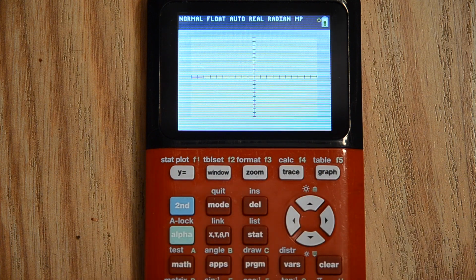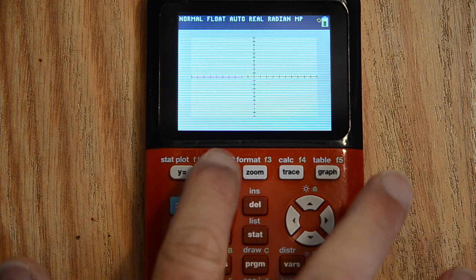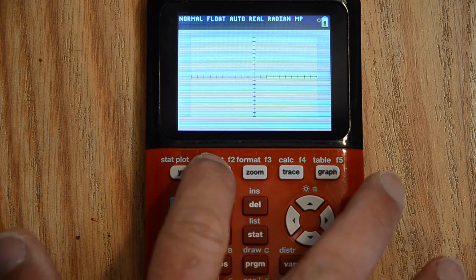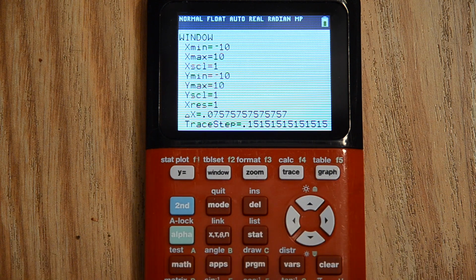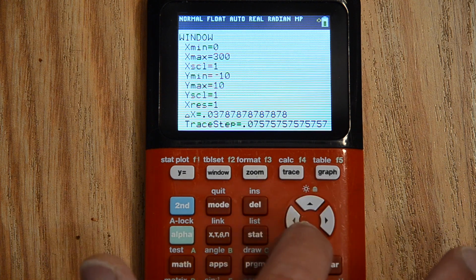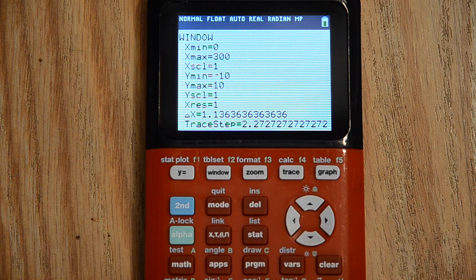Of course we're not going to see anything because our time period went from 0 to 300, so we're going to hit window when this is done. Window. We're going to make the x min 0 and the x max 300. And we are looking for where that graph is intersecting the function y is equal to negative 0.7.